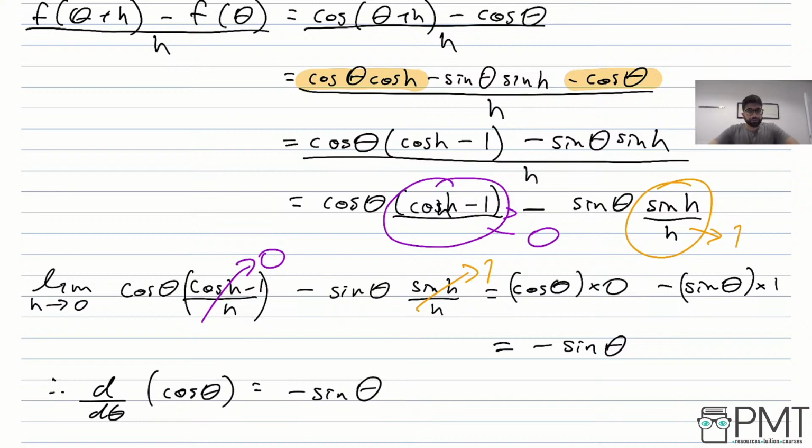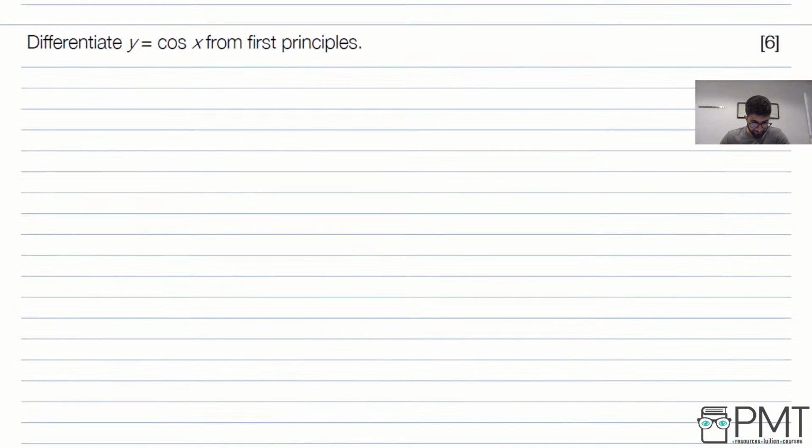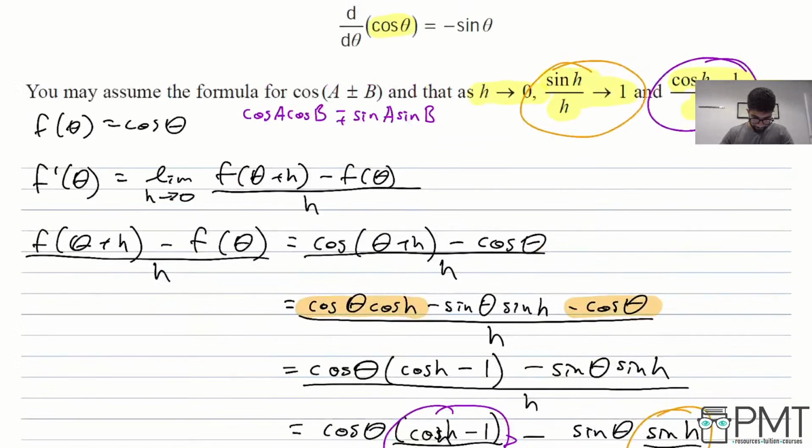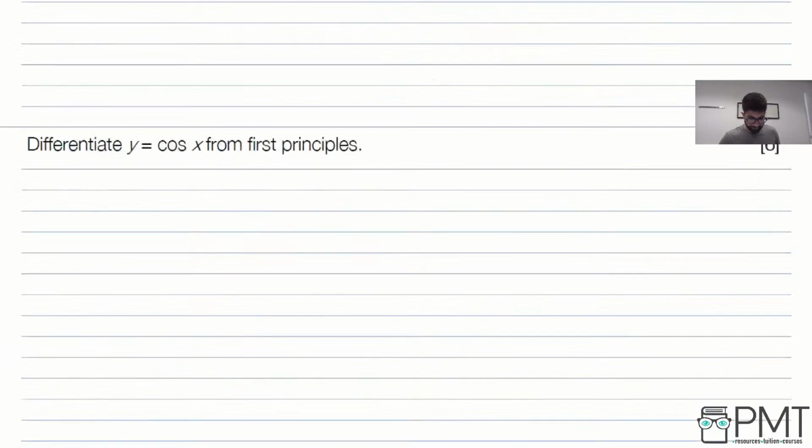Right, that was a trig function that was differentiating sine theta. The last question I want to do is differentiating cos theta or cos x. It's very similar. So we'll still need to use the addition formula, but sorry, I wanted to do sine theta, differentiating sine theta.